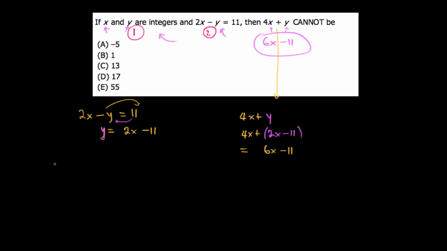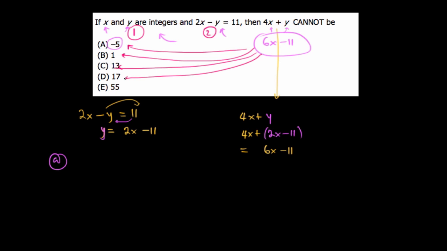So considering option A, I'm going to test 6x minus 11 for this, assuming 6x minus 11 equals negative 5. It says it cannot be what? So I'm assuming it is this, and I want to solve for x.